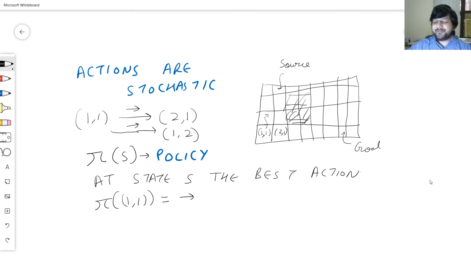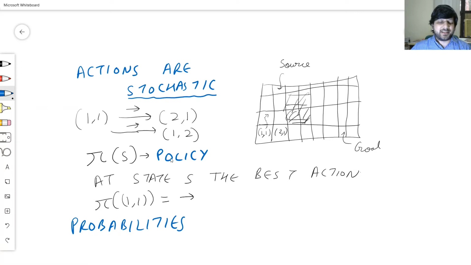So let's have a few definitions now for this specific modeling. The first is, of course, where I define my probability. So actions are stochastic. That means now I will have some probabilities. Let me give a definition first.